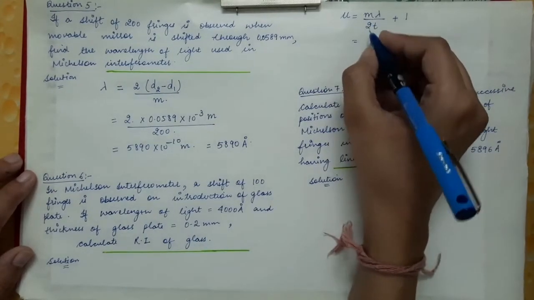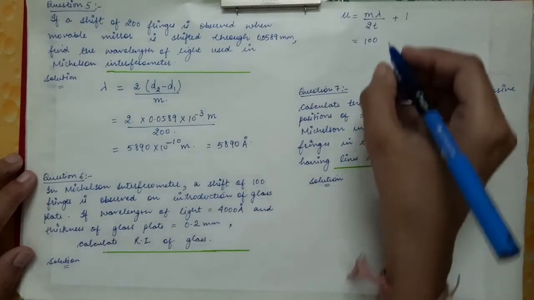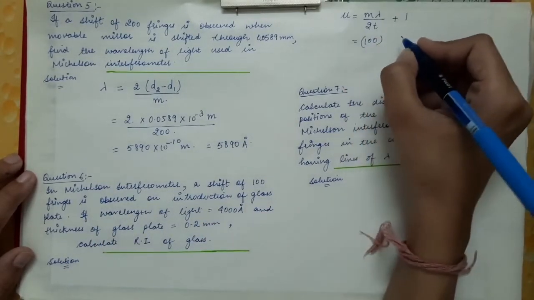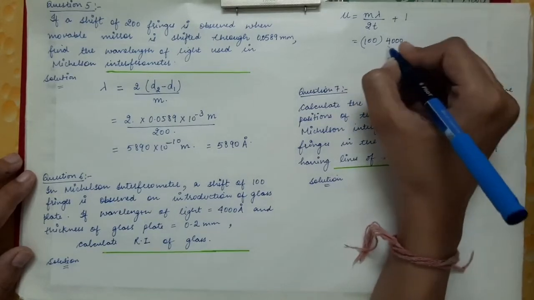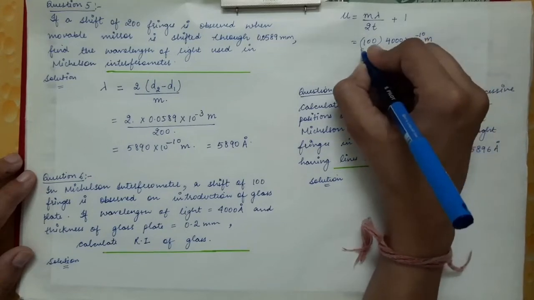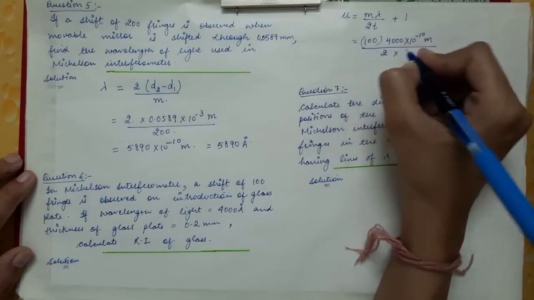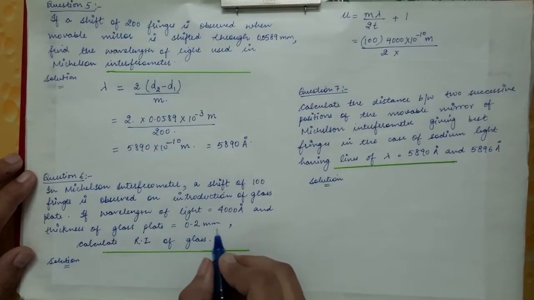Now what is m? It is 100, because we are given 100 fringes they are shifting. Into lambda, what is the wavelength? It is 4000 Angstrom. So in terms of meters, it will be 4000 into 10 power minus 10 meters divided by 2 into thickness. So we are given thickness of the plate as 0.2 millimeter.